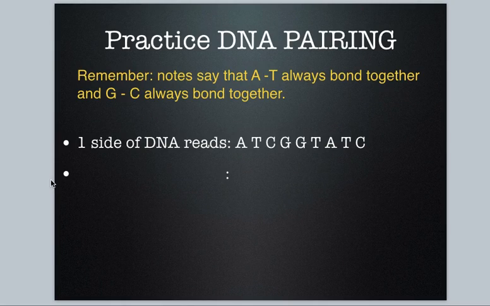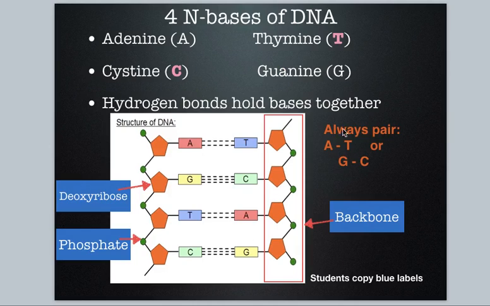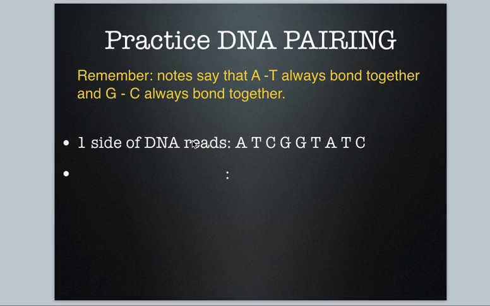Now, let's practice our DNA pairing. So remember, your notes say right here, A and T always pair together, G and C always pair together. So if one side of DNA reads ATCGGTATC, what does the other side read? So what letter bonds with A?